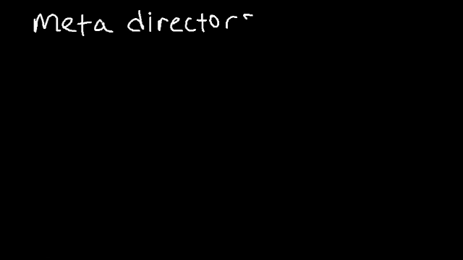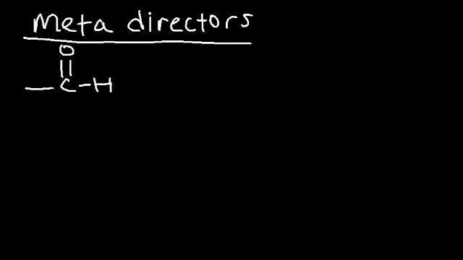So now let's talk about the meta directors. The meta directors are very strong electron withdrawing groups. Some of the most common examples include the carbonyl groups, like the aldehyde, the ester, and even the carboxylic acid.